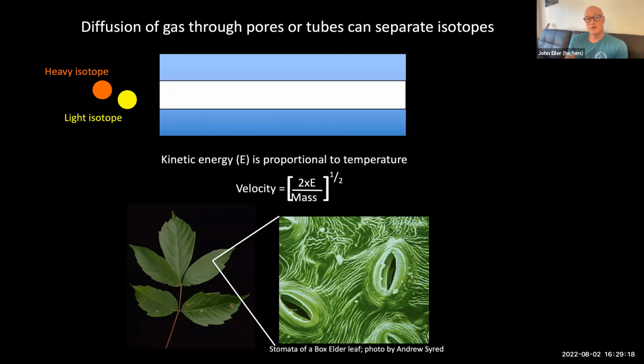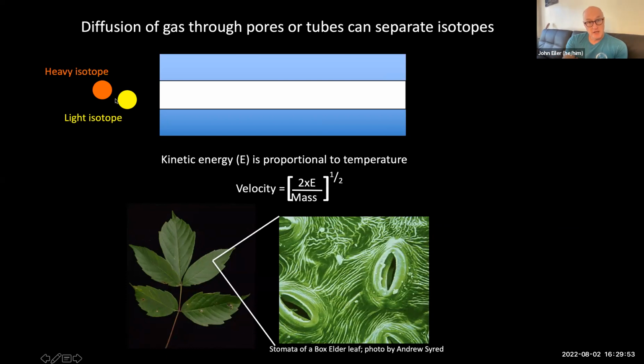So here's one very simple, pretty easy to understand way in which isotopic identity changes a physical behavior of a material and therefore leads to a separation of isotopes. Consider a case where I have two versions of a molecule, one that has a heavy isotope with extra neutrons, like carbon-13, and one that has a light isotope that lacks the extra neutron, like the common carbon-12. And then I expose some carbon-bearing molecule like CO2 to a small pore, say the pores in the leaves of plants that CO2 has to enter through before it can be photosynthetically fixed.